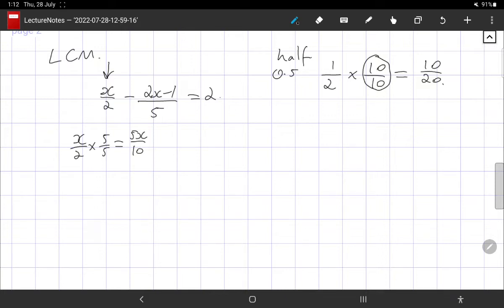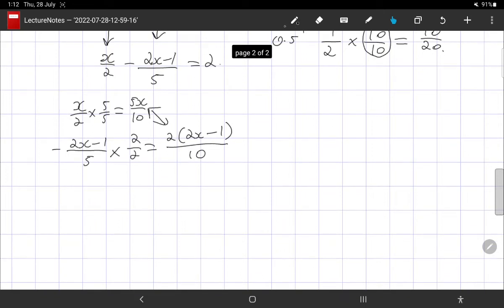This side of the expression also needs to have the denominator of 10. How do I get from 5 to 10? I multiply by 2. So 2x take 1 over 5, and we'll do that as a negative, times 2 over 2 is equal to 2 times 2x take 1 over 10. Now we've got the same denominator in both of these, so let's rewrite it.